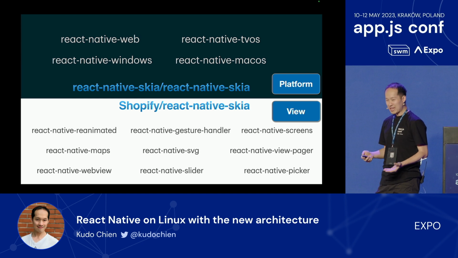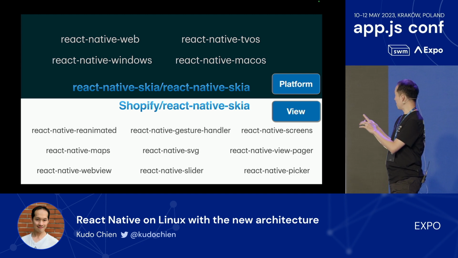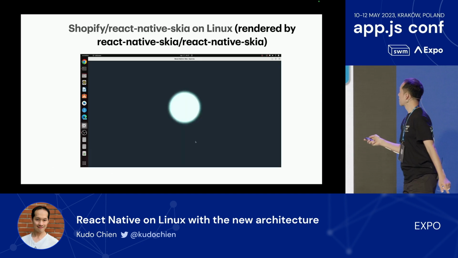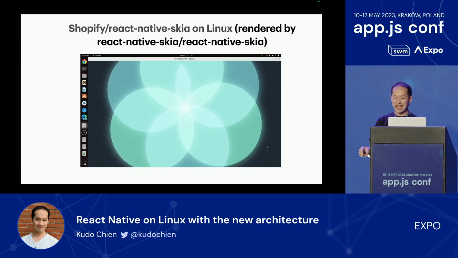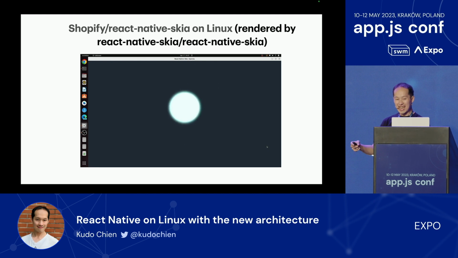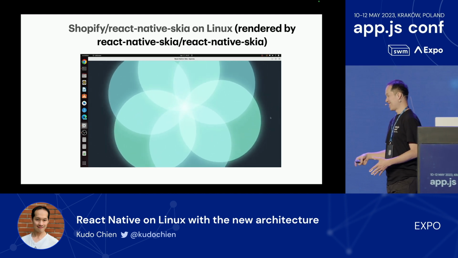So we can think about that. React-native-skia could fit both a view and also a platform. So that's actually react-native-skia from Shopify, rendering on react-native-skia. All right, a little weird.